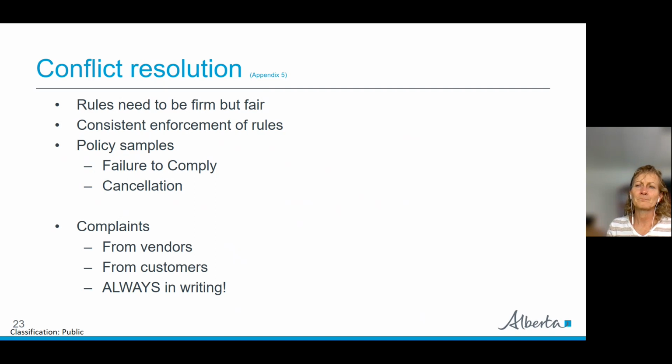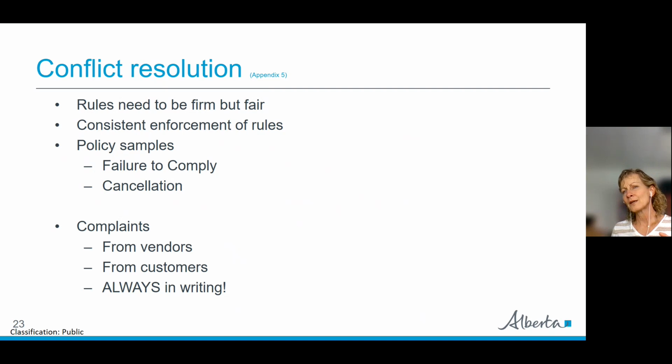In Appendix 5, there are some resources for you on how to deal with conflict and resolve conflicts. And a couple of samples that the Farmers Market Association has created is a failure to comply policy and a cancellation policy. And that information is available within the manual itself.